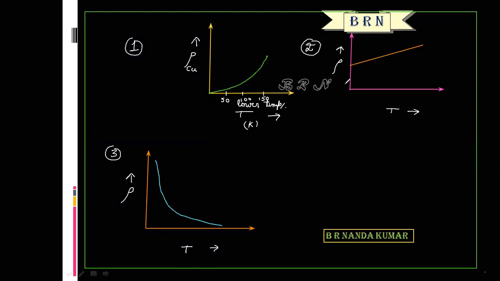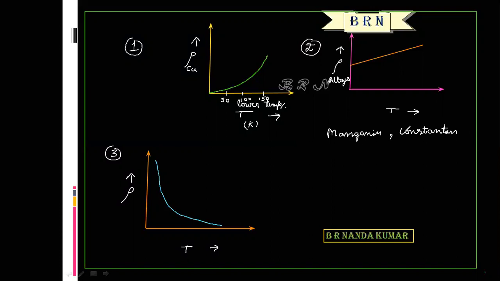And this graph shows the variation of resistivity of alloys with temperature. Alloys, for example manganese, constantan.